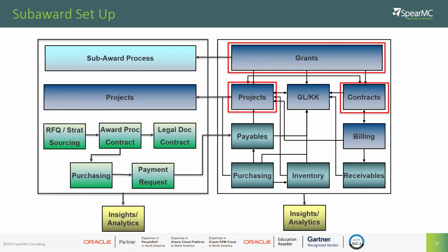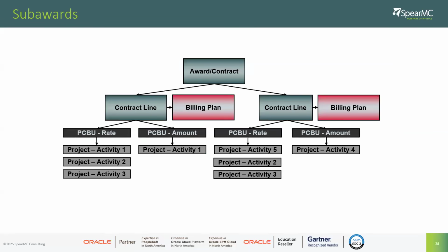So I'm going to be over here, it's really kind of hitting in the grants, projects, and contracts modules where I'm going to determine the structure of how I want to manage this grant and subaward on the post-award side. Just as a reminder, there's lots of flexibility here for structuring and managing our award.